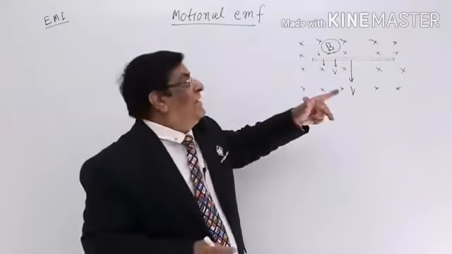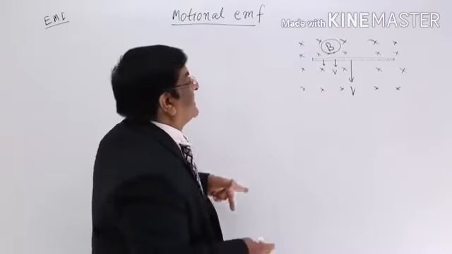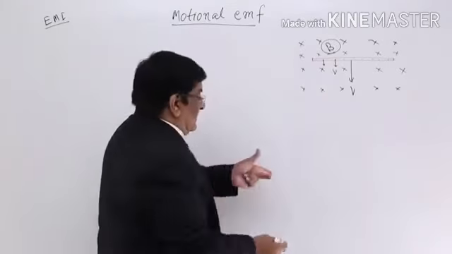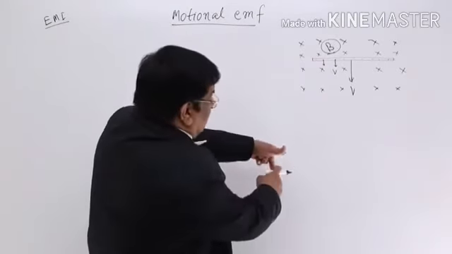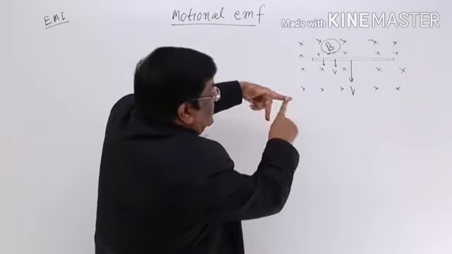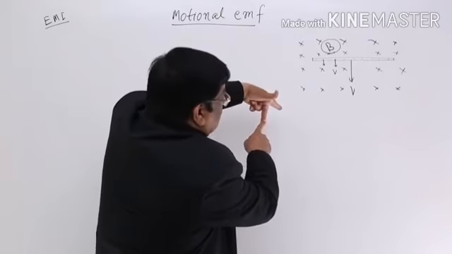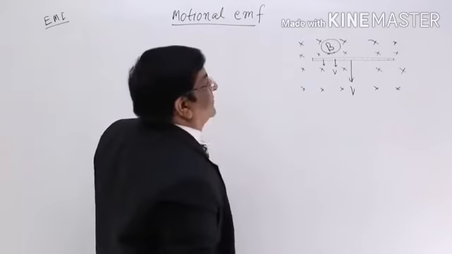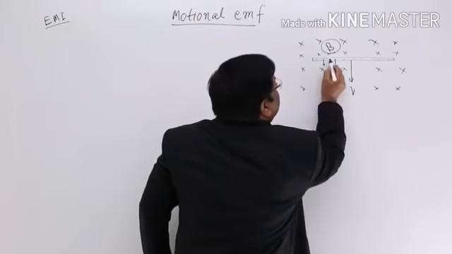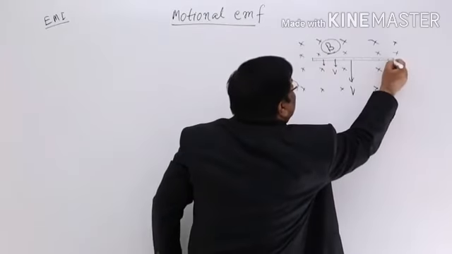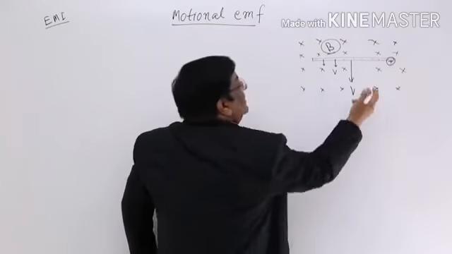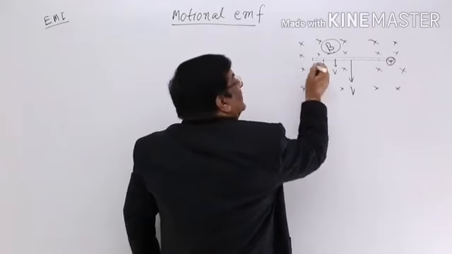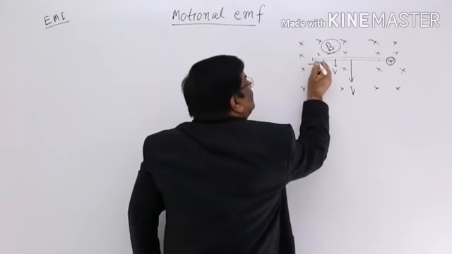This I apply here. The magnetic field B is inside, the velocity is downward. This is the direction of the force. So all these positive charges gather here and all the negative charges will experience force and gather here.